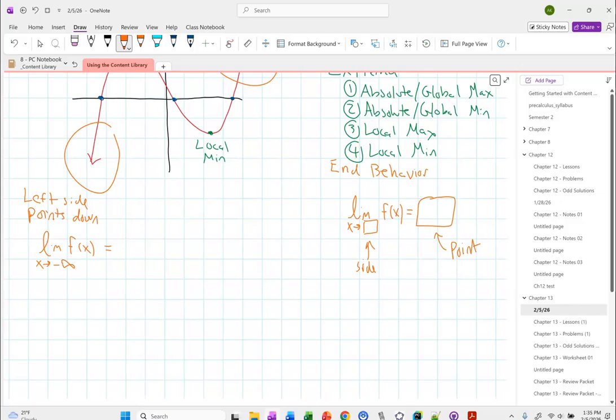Equals, points down is talking about the y-coordinate. As we move points along this curve, since it's going down forever, the y-coordinate is tending towards negative infinity also. Everybody okay with that?